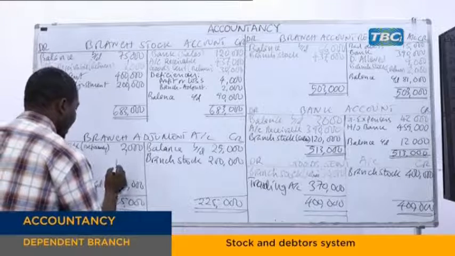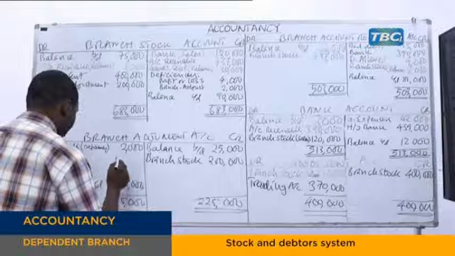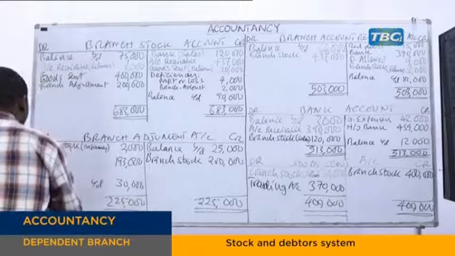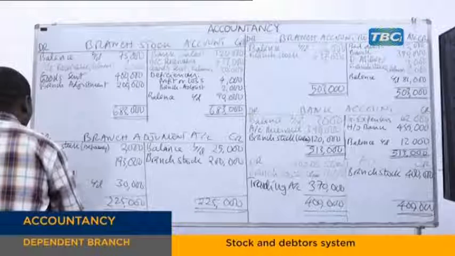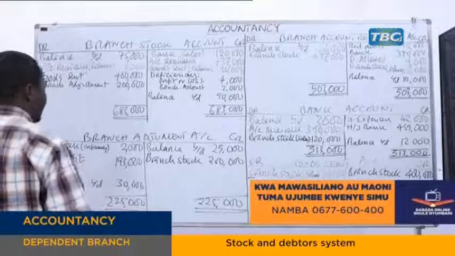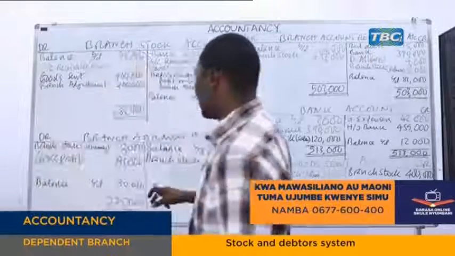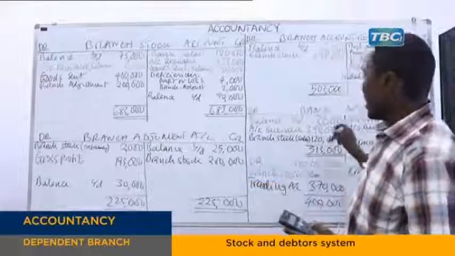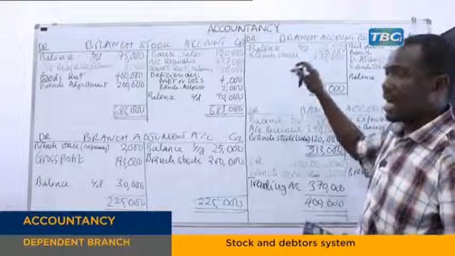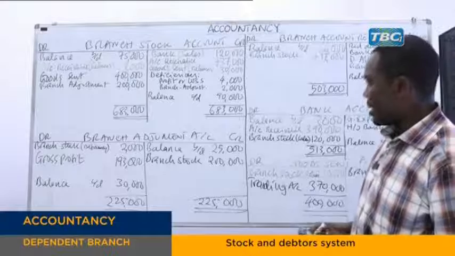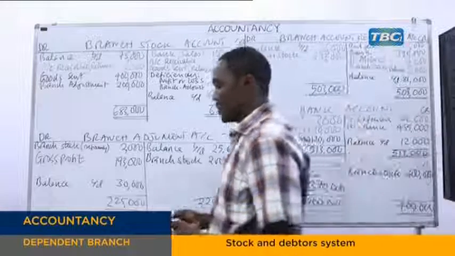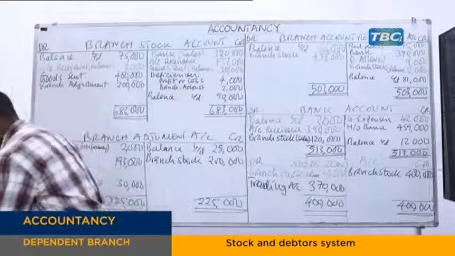Yes, we get 193. This will be our gross profit. So this will be transferred to profit or loss account, and then from there we are going to enter other expenses. So for the required equation, this is the end.